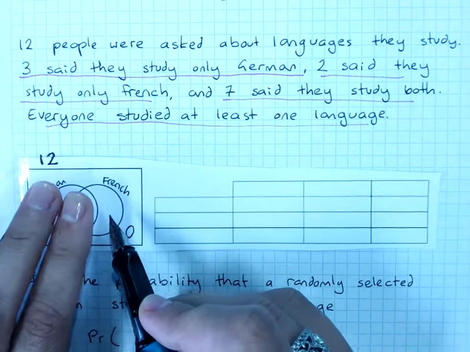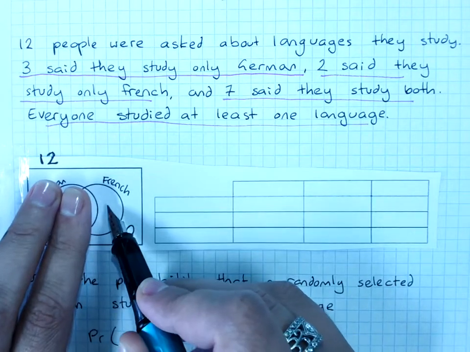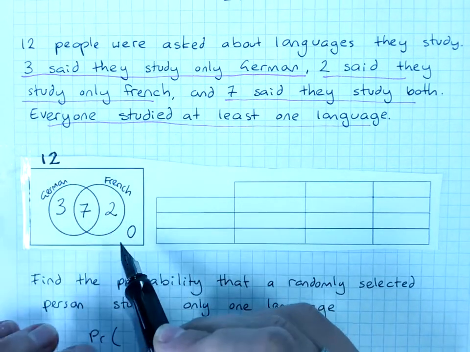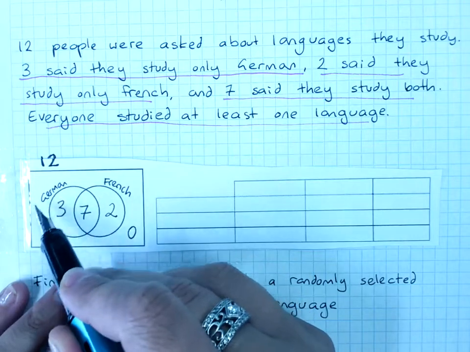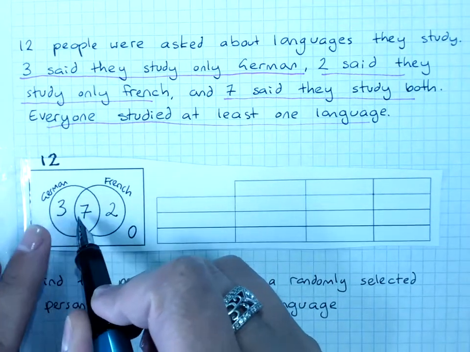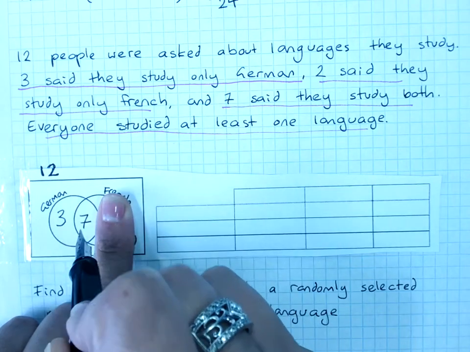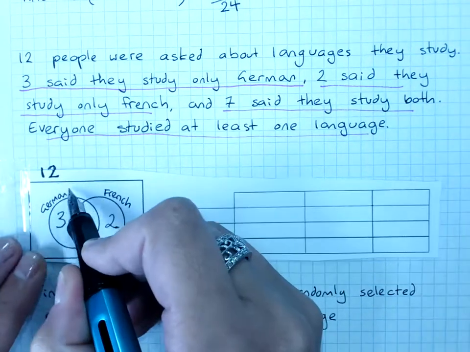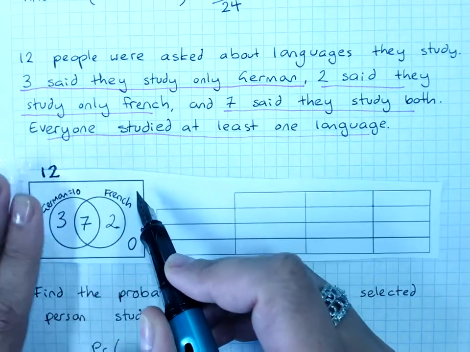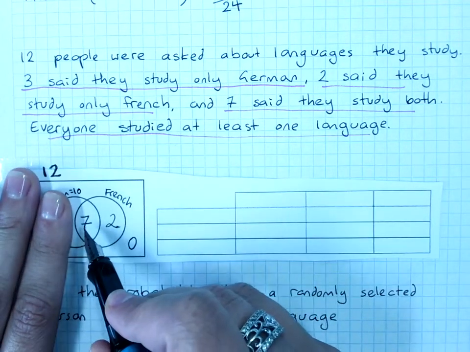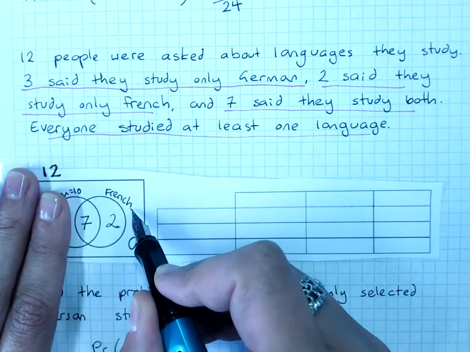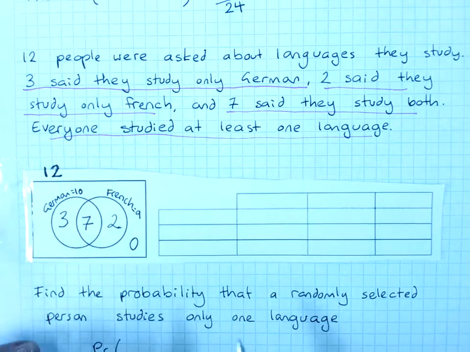Can't be in the German circle, only in the French circle, that's 2. Then you can get your totals. Everyone in the German circle, these 3 and these 7, add up to 10. Everyone in the French circle, these 7 and these 2, adds up to 9.